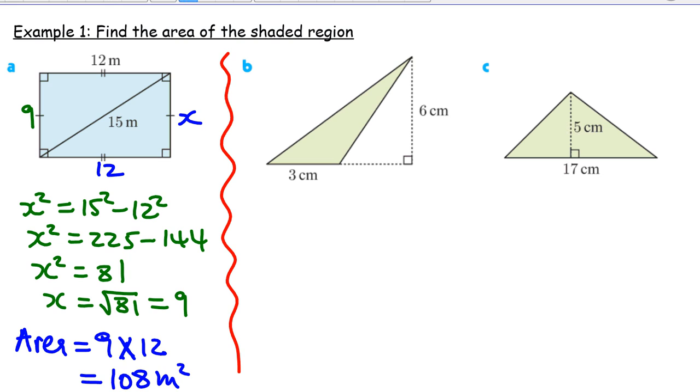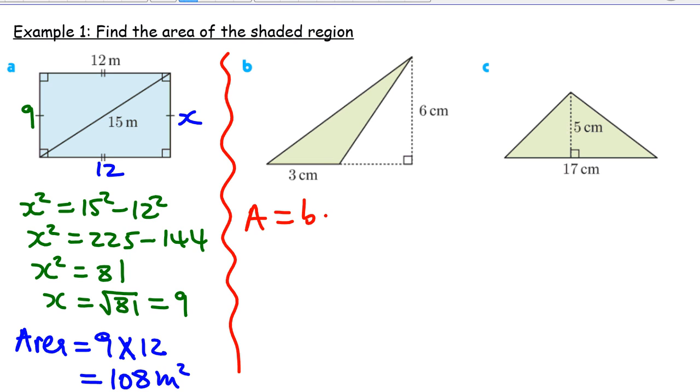For B, this is a triangle. The base is 3, the height is 6. So the area will be given by base multiplied by height divided by 2. And let me just write it in short form.